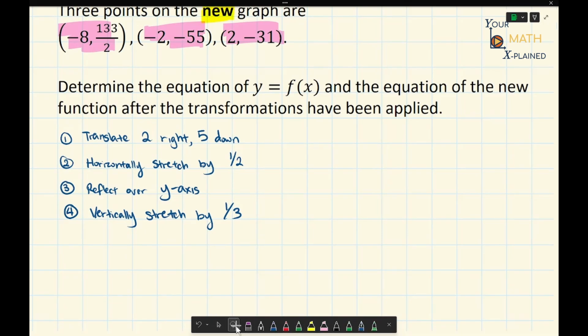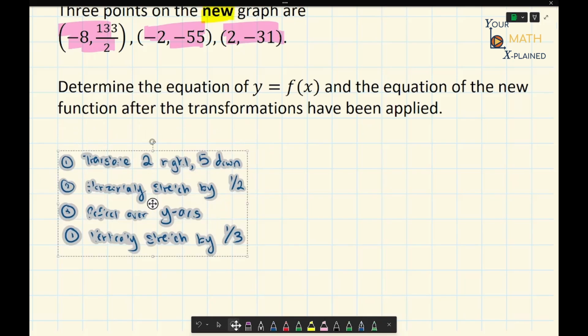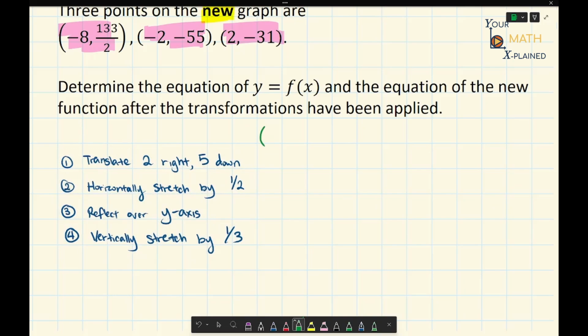So let's move this down a little bit, and then we'll write down the transformations of the points right beside it. Okay, so the first point that we're transforming is (-8, 133/2). Translating that 2 right, 5 down is going to give us (-6, 123/2).